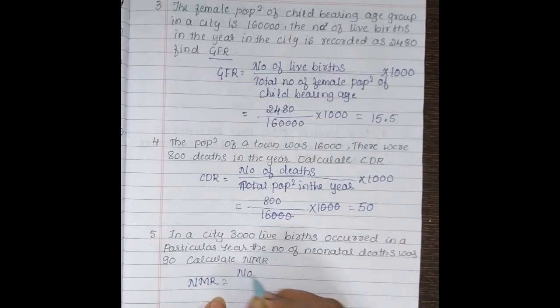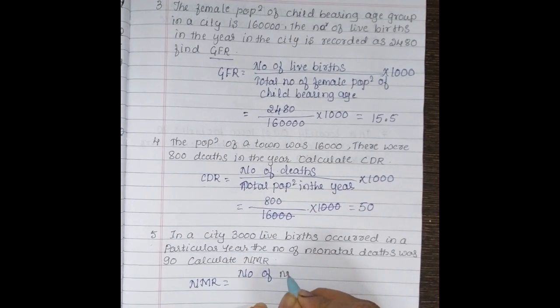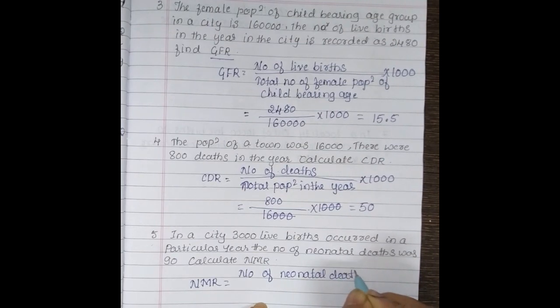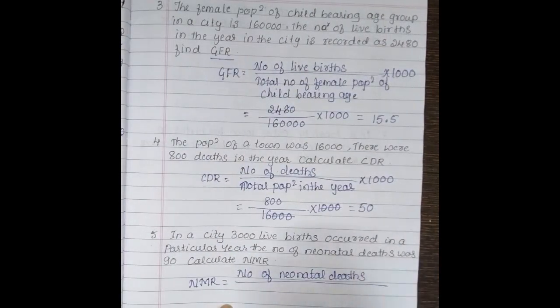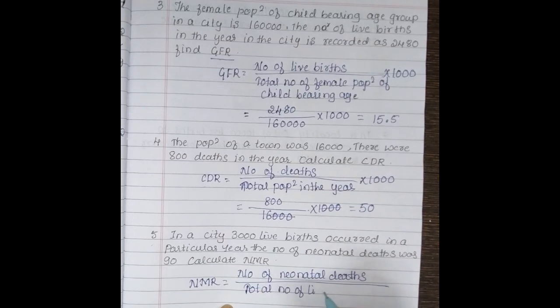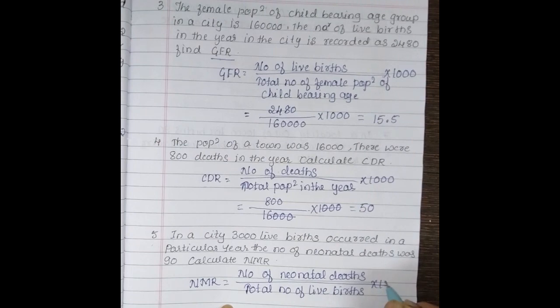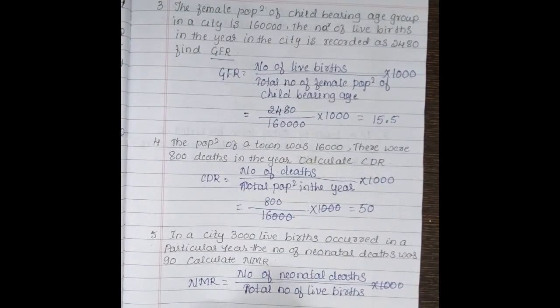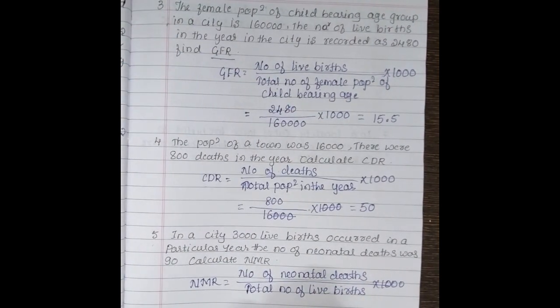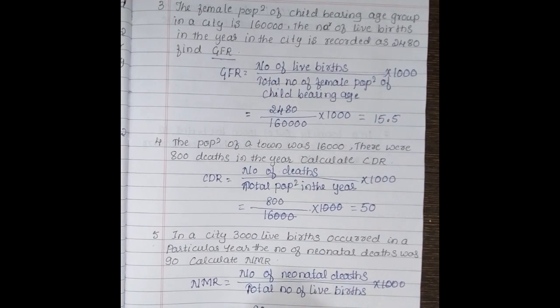Then number of neonatal deaths divided by total number of live births into 1000. Okay, the number of neonatal deaths was 90 divided by 3,000 into 1000.